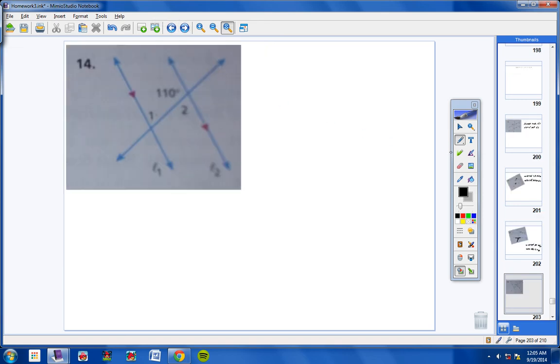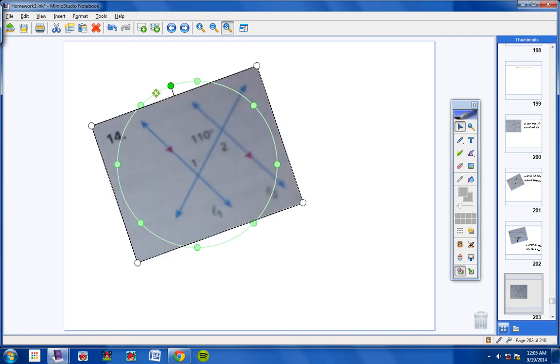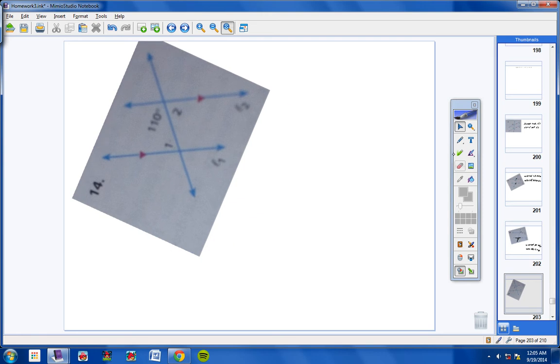All right, number 14. Let's take a look at our parallel lines here. I like to turn these so the parallel lines are running left to right. It's just easier for me. If that does not help you, then you don't have to do that. Right away I can see that this angle here, 110 degrees, and this angle here are what we call consecutive interior angles, and consecutive interior angles are always supplementary. So if this angle is 110 degrees, then this angle has to be 70, because 110 plus 70 is 180.